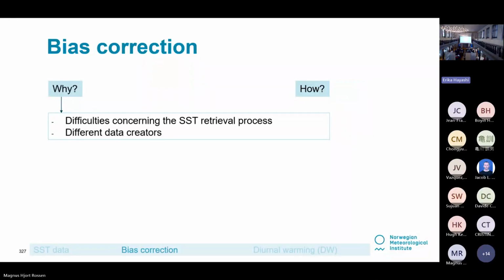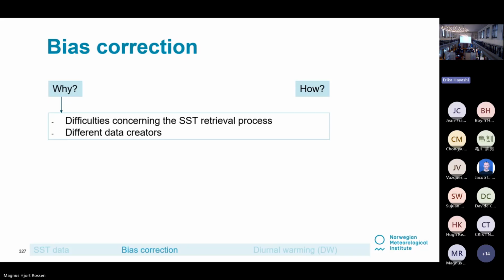Yeah, so let's just start with the bias correction that we perform. Before we assimilate the observations, we perform an offline bias correction. And why do we do that? As someone has mentioned here earlier, there are difficulties concerning the sea surface temperature retrieval process. You have the cloud screening and atmospheric corrections.